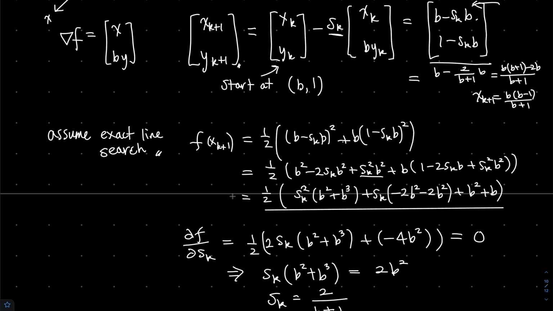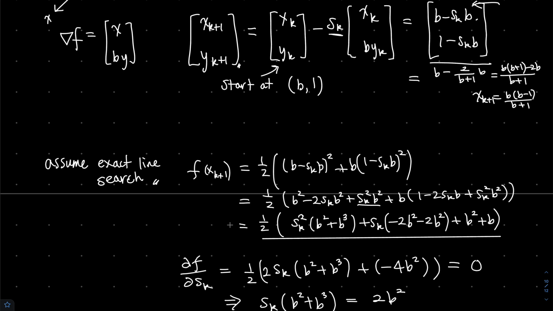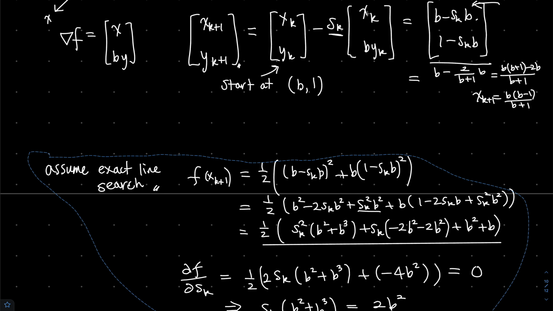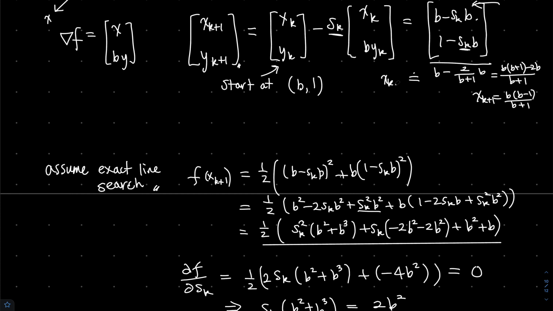Let me move this a little below. And similarly, if we insert the b plus 1, 2 over b plus 1 into sk here, so here xk plus 1, so yk plus 1 becomes 1 minus b plus 1 to b, which is b plus 1, b plus 1 minus 2b.